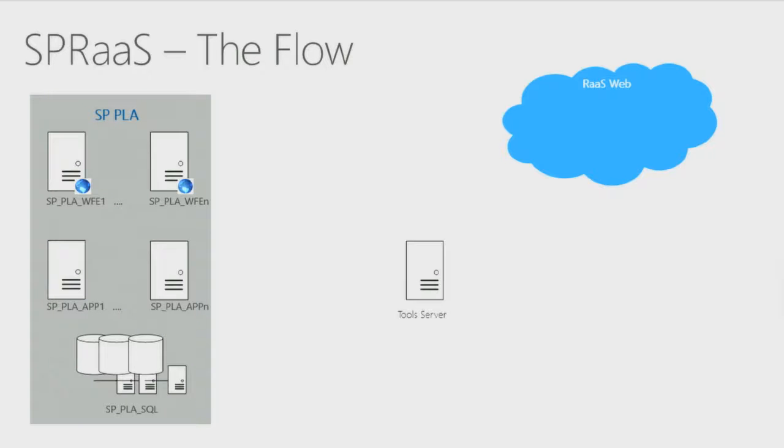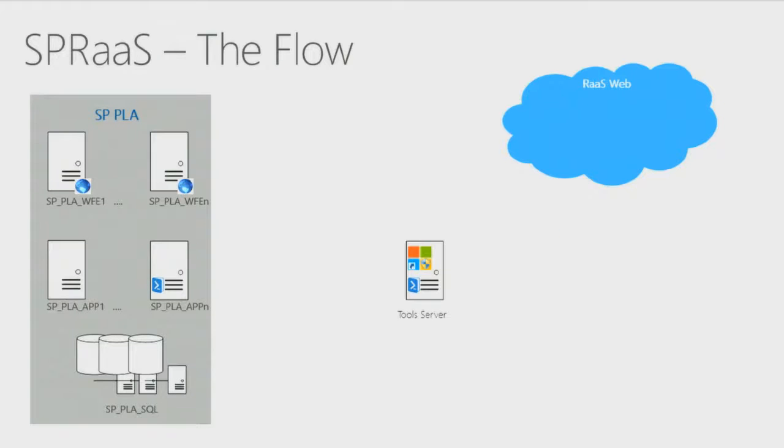Part of the prerequisite implementation requires setting up a remote PowerShell between the tool server and one of the servers in your SharePoint farm, which we call the target server. In this example, let's say SPPLA app N is our target server. After you make sure that the prerequisites are implemented, you are good to download the toolset from the web. You download the toolset and install it on the tool server.